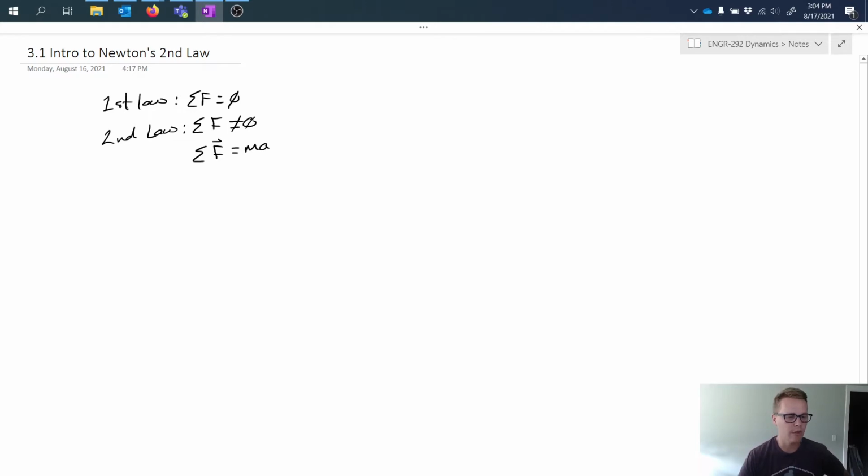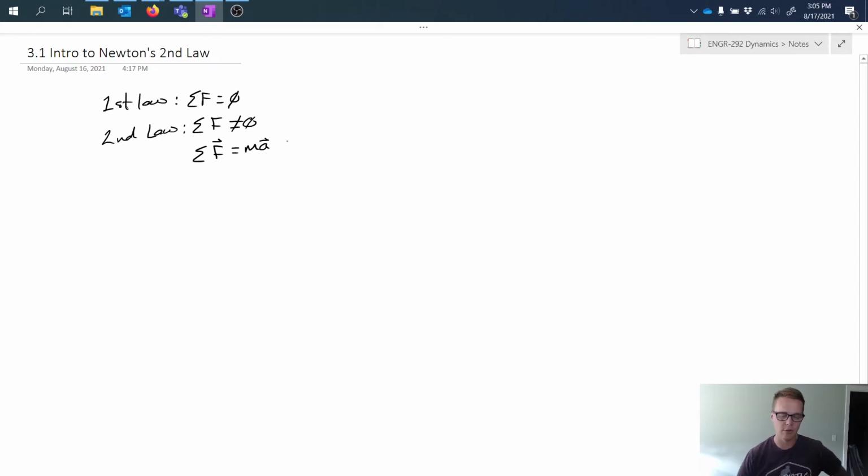And of course, remembering that these are vector quantities, which means again that we can divide them up into Cartesian component directions, or any other coordinate system that we might want to use. So we can have an Fx, Fy, and Fz, and so forth.